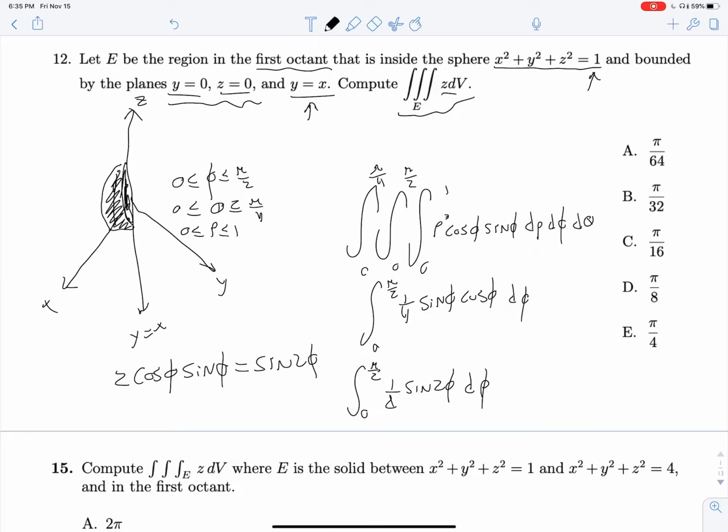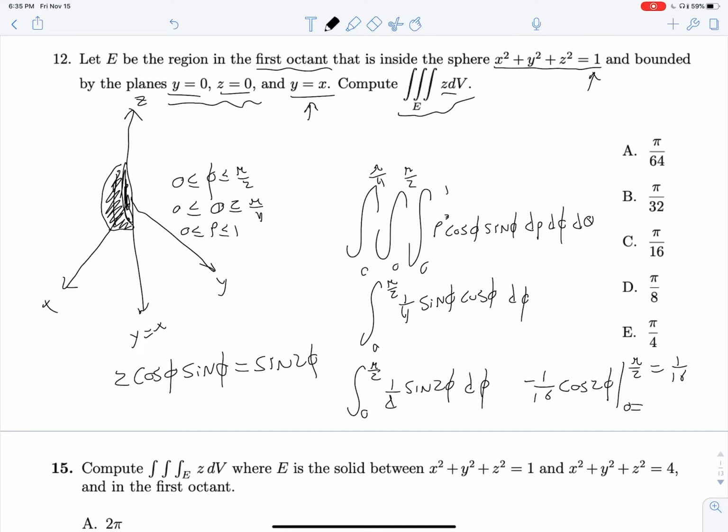And then integrating, negative 1/16 cosine 2 phi on 0 to pi over 2. Well, cosine of pi over 2 times 2 is just going to be negative 1, so this is 1/16.